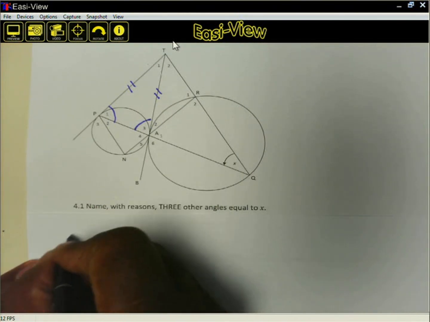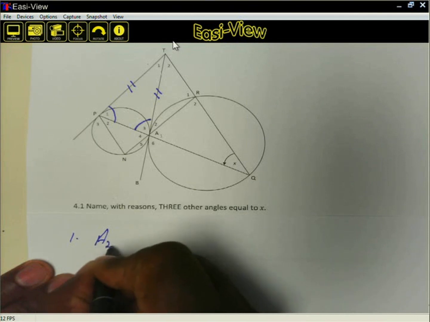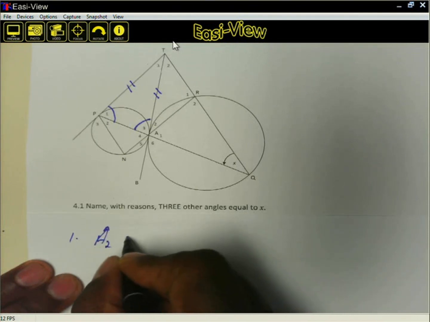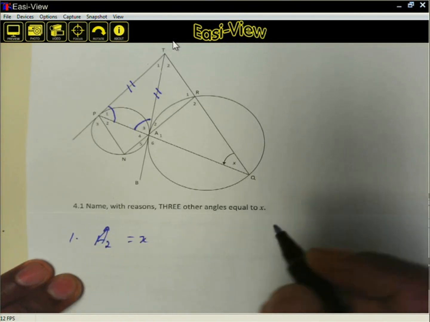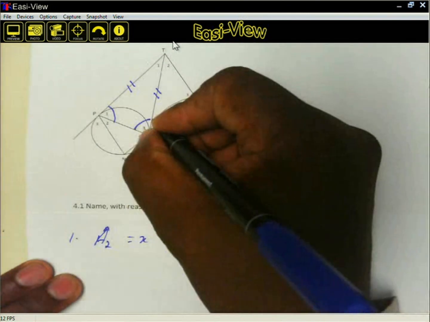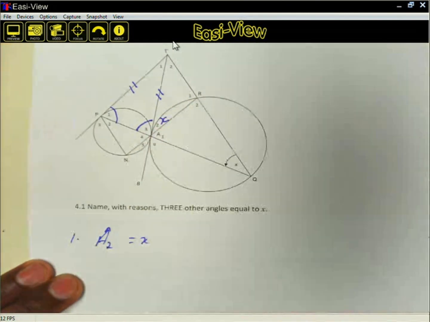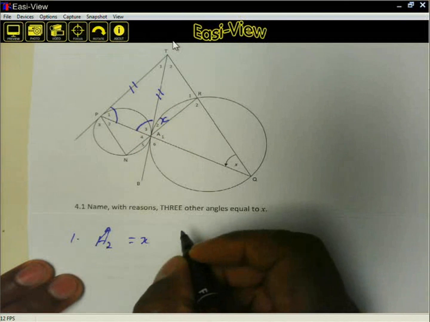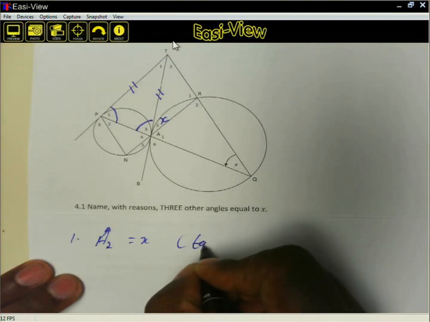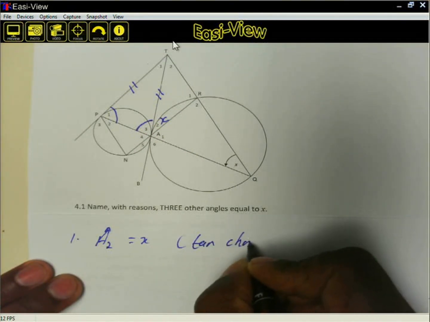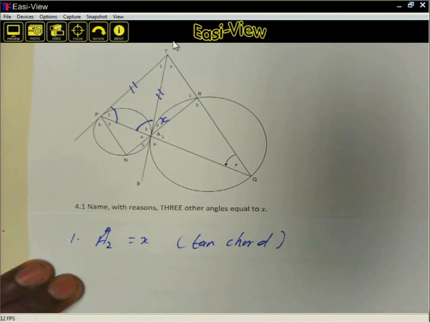Let me write it down. The first angle is angle A2 equal to X. Where is A2? This here is A2. It means this angle is also X according to the tan chord theorem. That is the first angle.